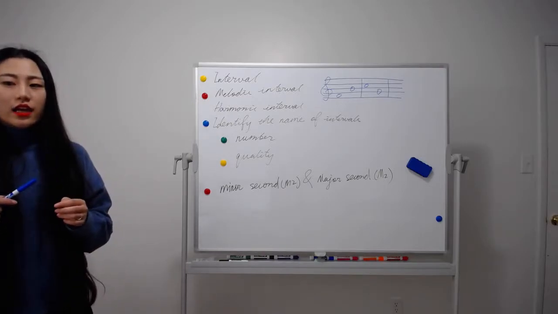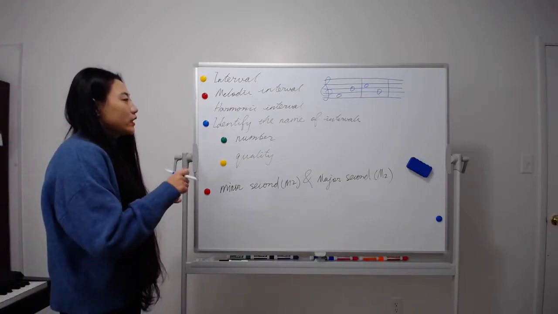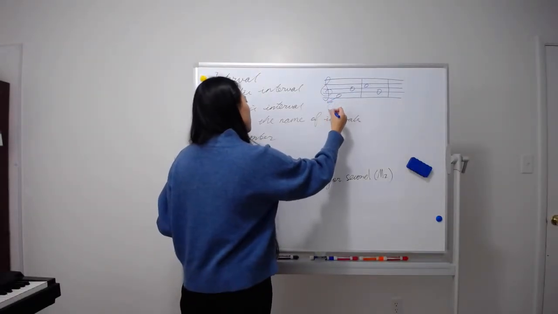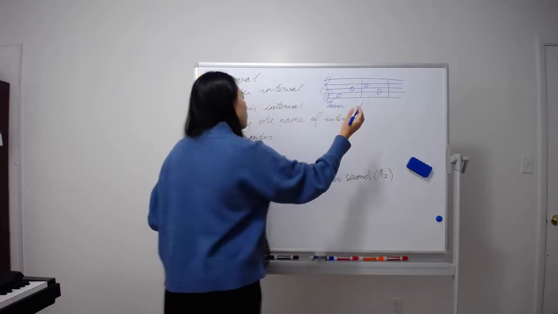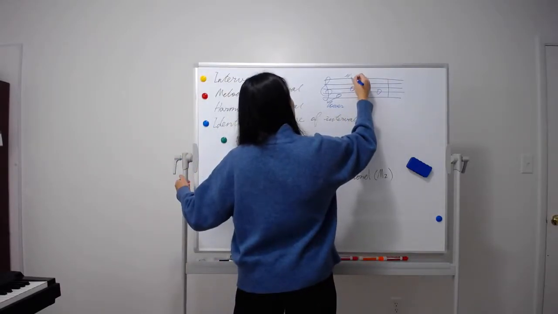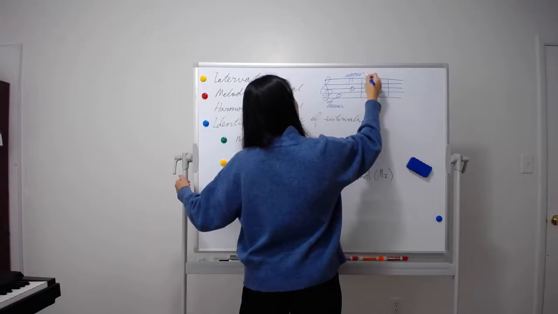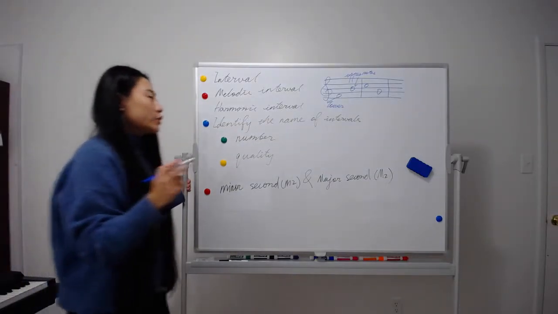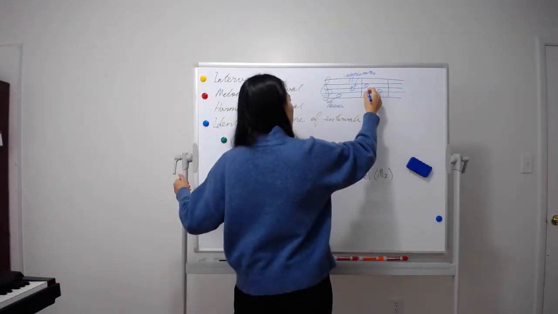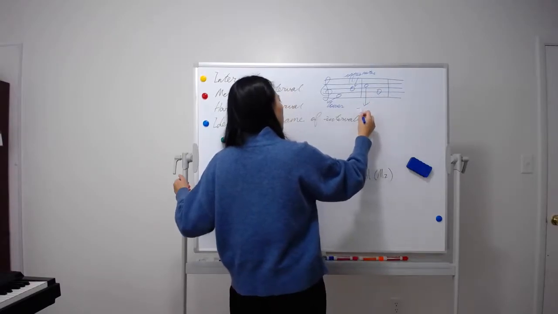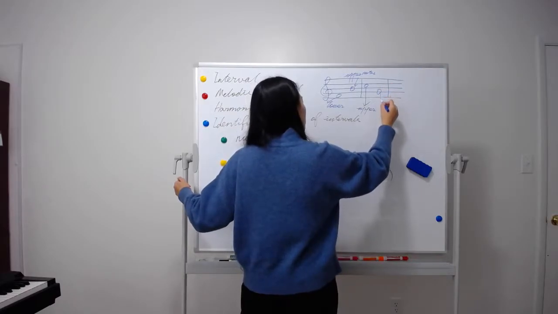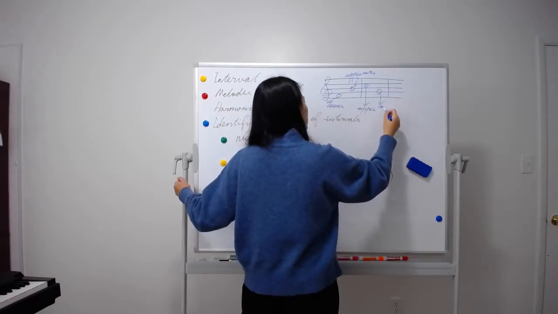So ascending, which means the lower notes to the upper notes. And descending, which means upper notes to the lower notes.